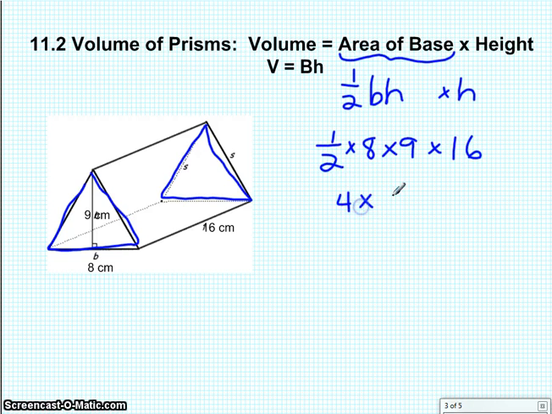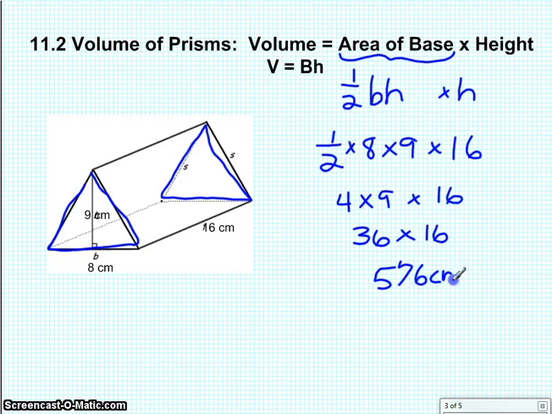That gives me 4 times 9 times 16. 4 times 9 is 36, times 16, I get 576 centimeters. And again, it's centimeters cubed because it's volume and it's a 3D figure. So that's using the same formula, area of the base times the height. I can find the volume of a different shaped prism as long as I remember my formulas for the bases.